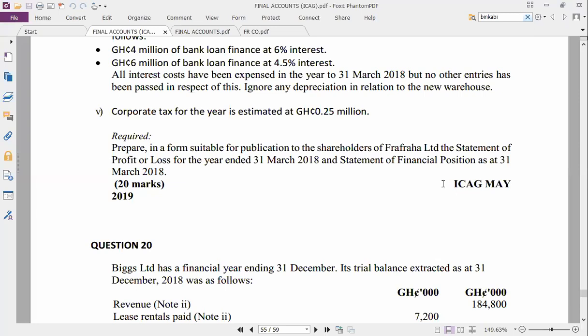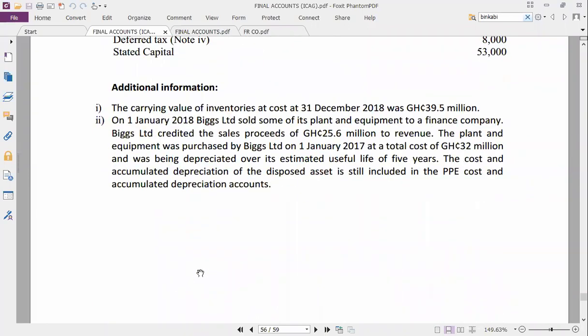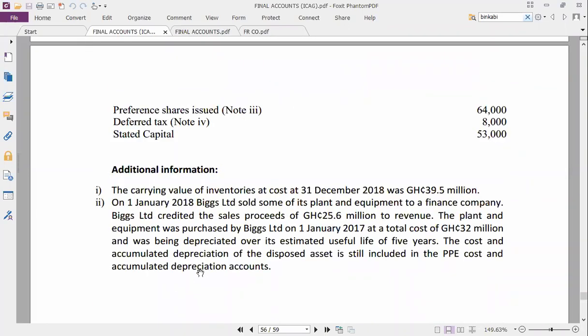Requirements here, that's May 2019. I may solve this question on YouTube Live between the 6th and 7th of April in the evening. So kindly take note of this. I may solve this question with you. Try that one. This has been solved already.